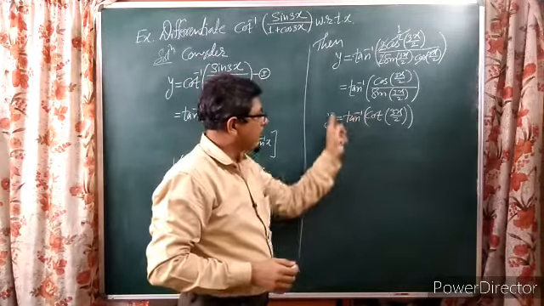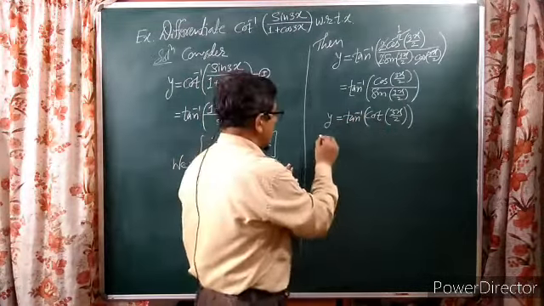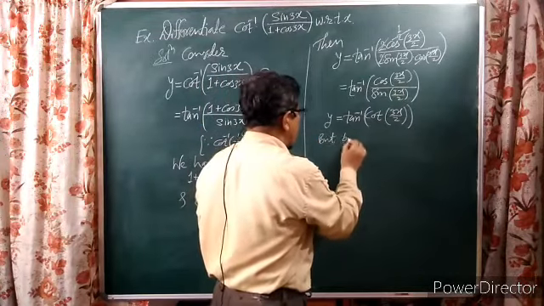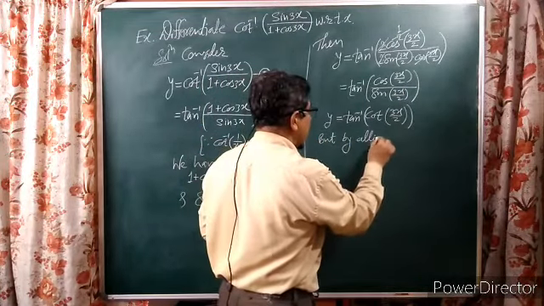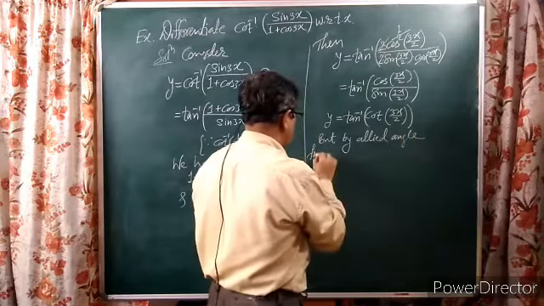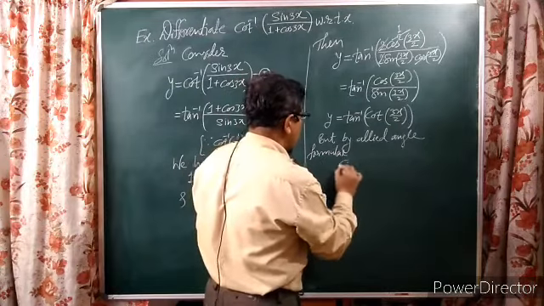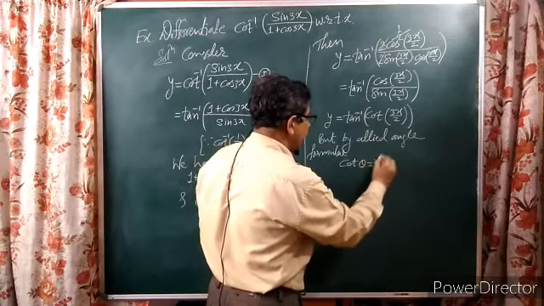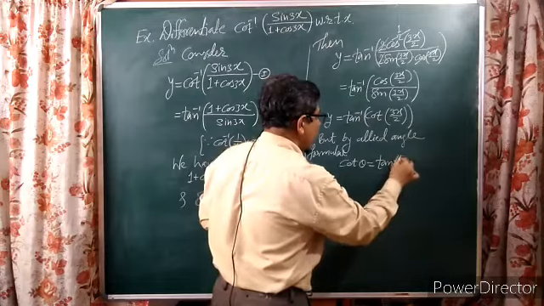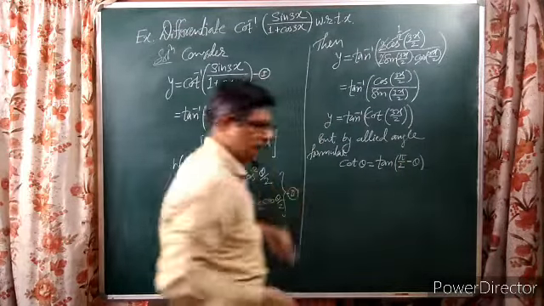But as we have tan inverse outside, we want tan inside, not cot. But by the allied angle formula, cot of theta can be written as tan of pi by 2 minus theta.